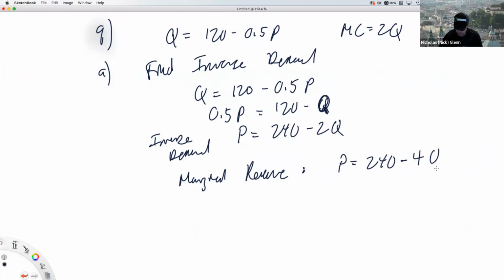So essentially just 4Q here. All right. And so that's your marginal revenue. You're just taking the slope is twice as steep, and so you get 4 here.